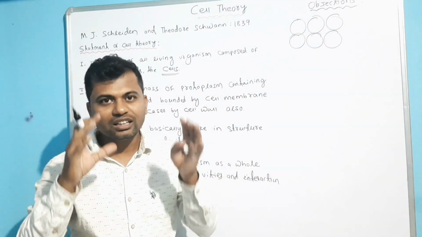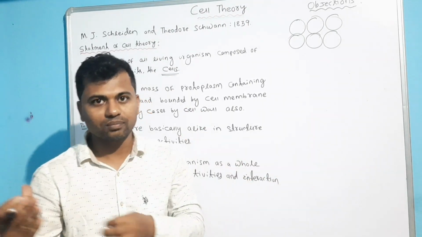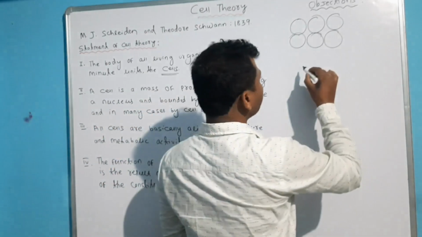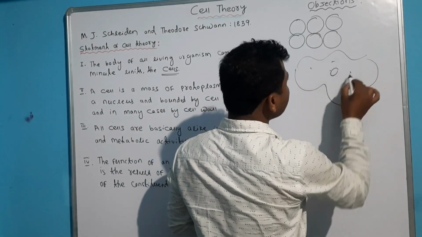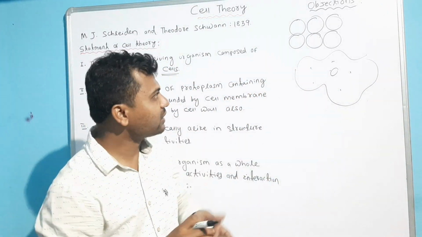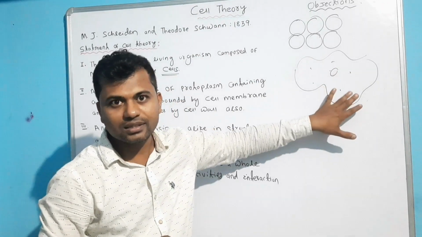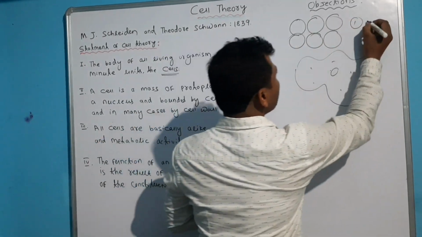But the cell theory could not explain the existence of unicellular organisms. Suppose you take the example of amoeba. In the case of amoeba, the body is composed of a single cell. So the cell theory didn't explain the existence of single-celled organisms, which are also known as acellular.